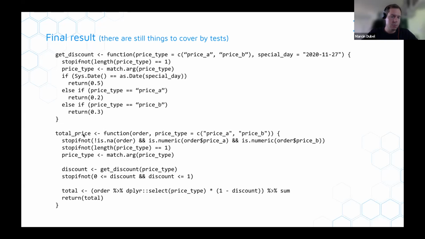We added some checking of the arguments, and yeah, we have some nice error messages. What if, for example, the discount that you get from the function is not in the values that we want? All that stuff that we would like our functions to have. Probably there is even more that we can introduce here.